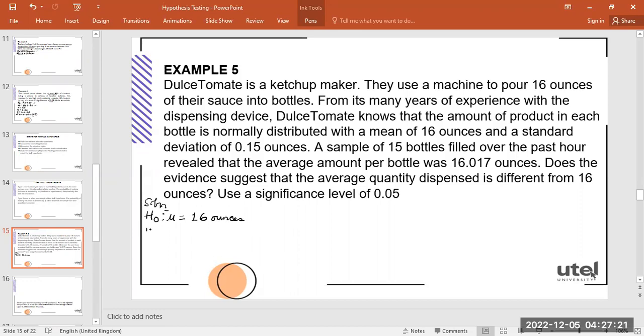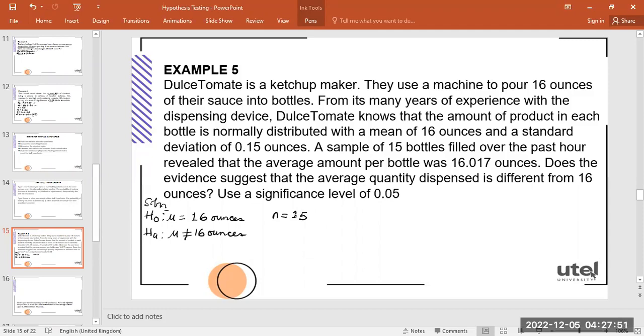Now, the alternative hypothesis states that the mean is not equal to 16 ounces. And then we're told that a sample of 15 bottles, so n here is going to be 15, was filled over the past 1 hour.